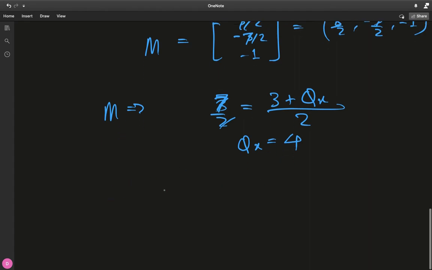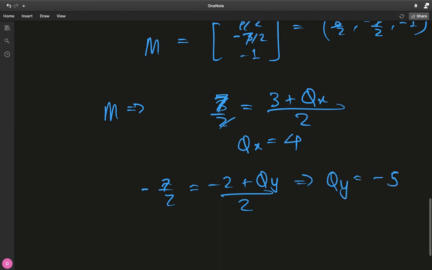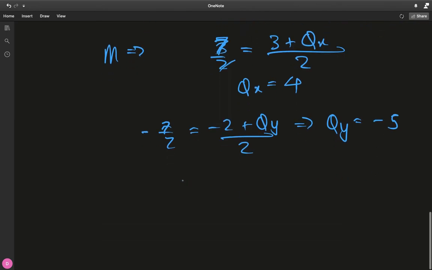And we can do that for the y coordinate as well. So we'll have negative 7 by 2 being equal to negative 2 plus the y coordinate of Q over 2. And so the y coordinate of Q is negative 5. We can do that for z as well.